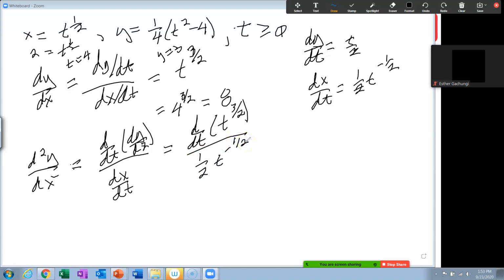Okay, you wind up with a minus in the denominator, and 1 over 1/2 would be 2, and this moved up top would be t squared. And remember we said our t was 4, so this would be 2 times 16, which is 32. What's the concavity there? Concave up.